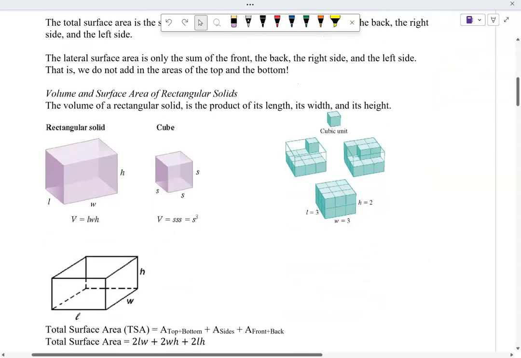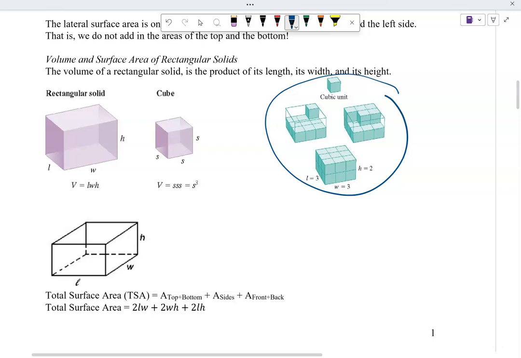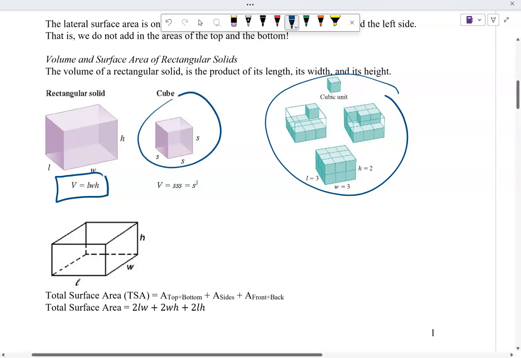Here are some equations for box-like rectangular solids. This is just showing us it's cubic units, how many cubic units you have for volume. Volume is length times width times height for a rectangular solid. If they're all the same length, it'd just be the same length cubed: side, side, side.